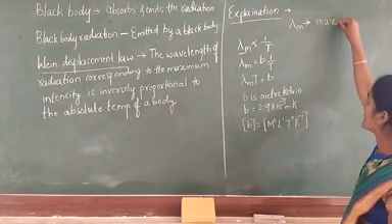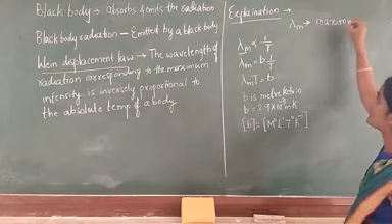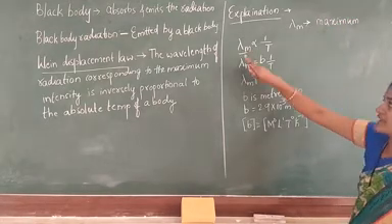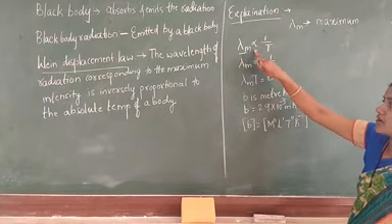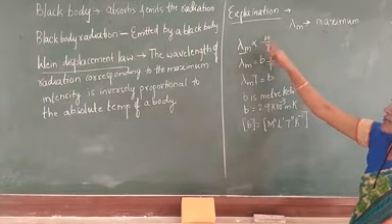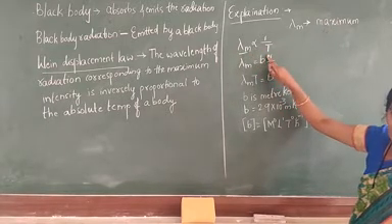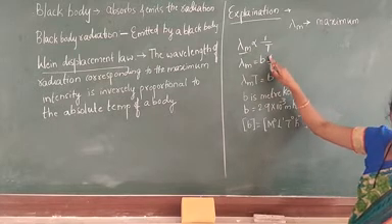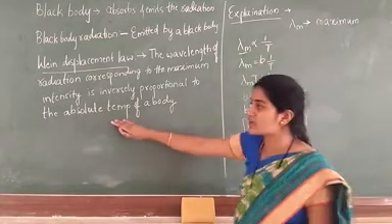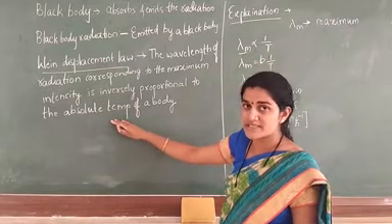Lambda M is inversely proportional to 1 divided by T, the absolute temperature, according to the definition of the Wien displacement law.